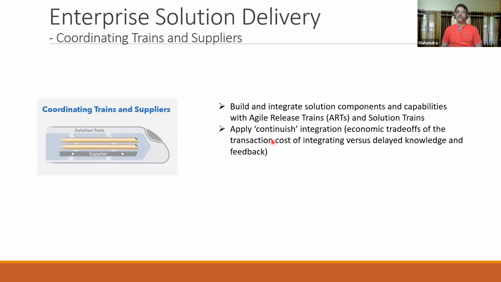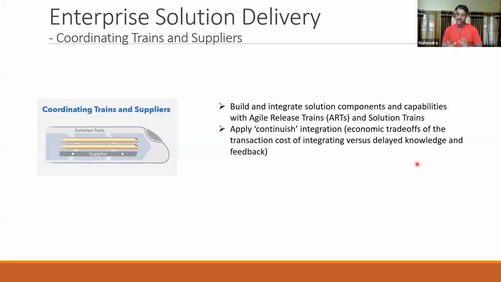And we're talking about continuous integration. What does it mean by continuous integration? If it's a large solution, it's not possible to integrate as often as we would want to. So there has to be an economic trade-off with respect to the transaction cost involved in integrating, vis-a-vis the delayed knowledge and feedback that we can accommodate.